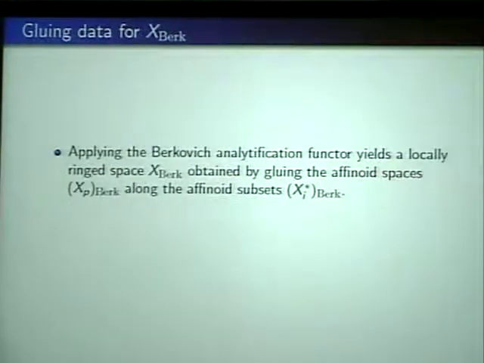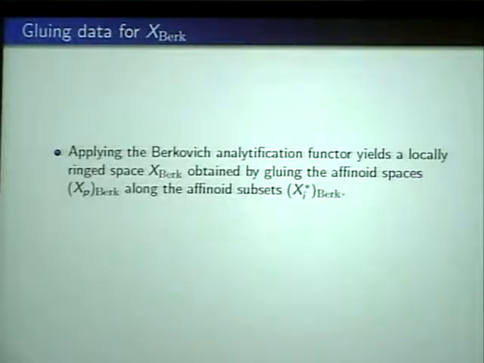Right, so if we apply this Berkovich analytification functor that Brian described, then from this data of gluing rigid spaces, affinoid spaces together along affinoid intersections, we get a, well, I wrote locally ringed space, but as you see, there's more structure. It's also endowed with this K-affinoid atlas.